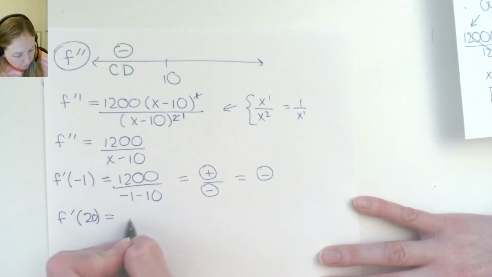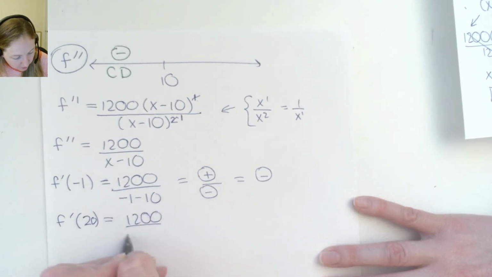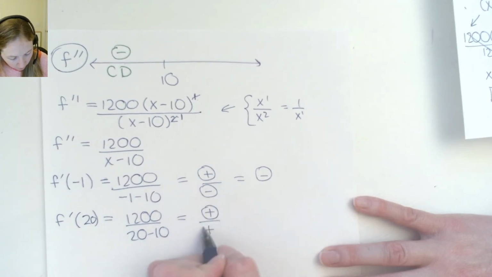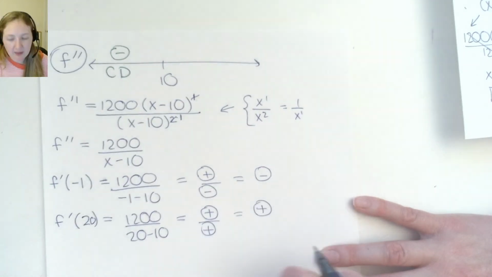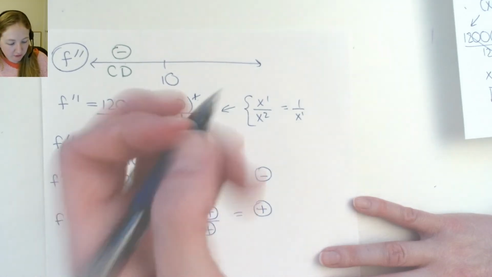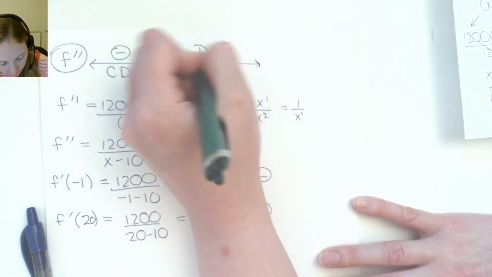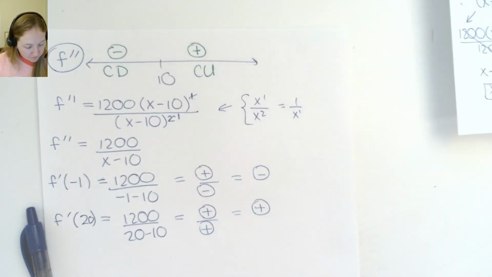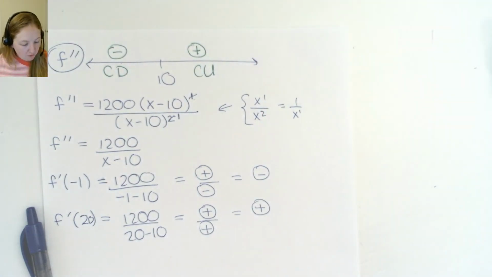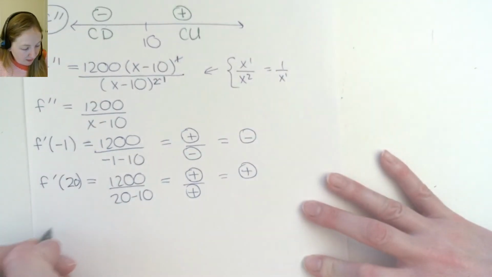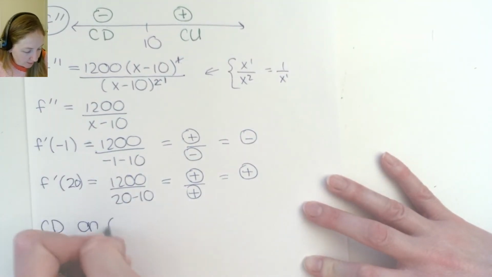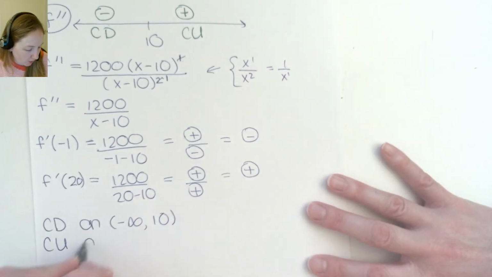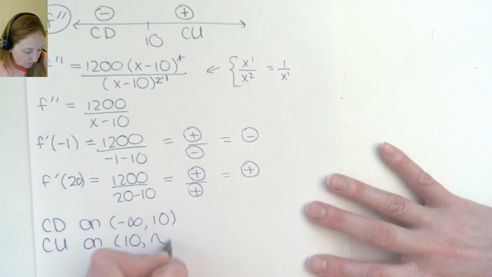And so if I plug in 20, I will have 1200 over 20 minus 10, and that will give us a positive over a positive. So that positive overall tells us that it is concave up on that interval. Okay. So what we would then say is it's concave down on negative infinity to 10, concave up on 10 to infinity.